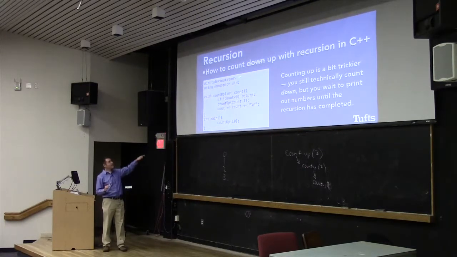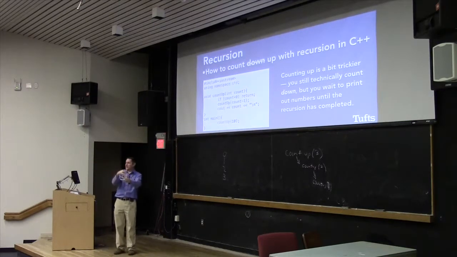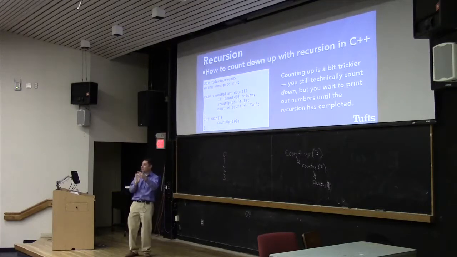In this function, count has a certain value. Outside this function, all bets are off. Count can be a completely different value outside of this function, even if it's the same count up function. It saves all the state, moves on to the next thing, does its thing, saves all the state, moves on to the next thing. And then as it goes back, it replaces what it had saved.